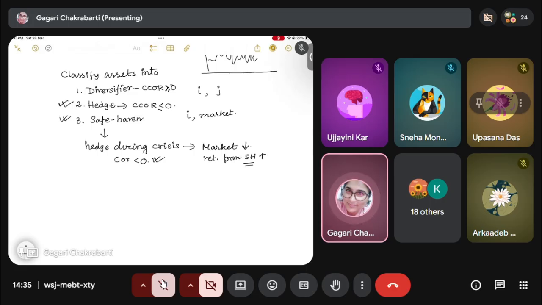So safe haven is actually a very, very special type of characteristic feature. Not everyone is a safe haven. Mostly the precious metals have their safe haven property. In fact, the safe haven property keeps changing over time.